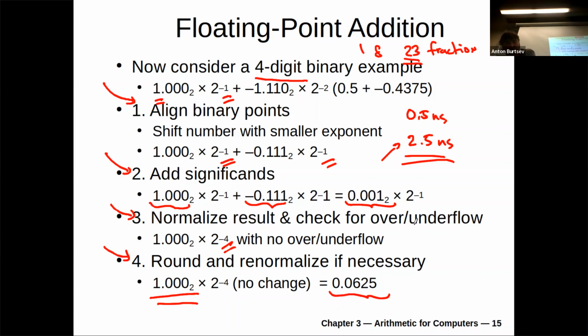So typically the hardware internally has additional bits to make sure that when you're doing these intermediate additions and subtractions, you can keep intermediate results around without throwing them away. Only when you do normalization at this point, you cut the number and make sure that it fits back into the 23 bits of fraction.